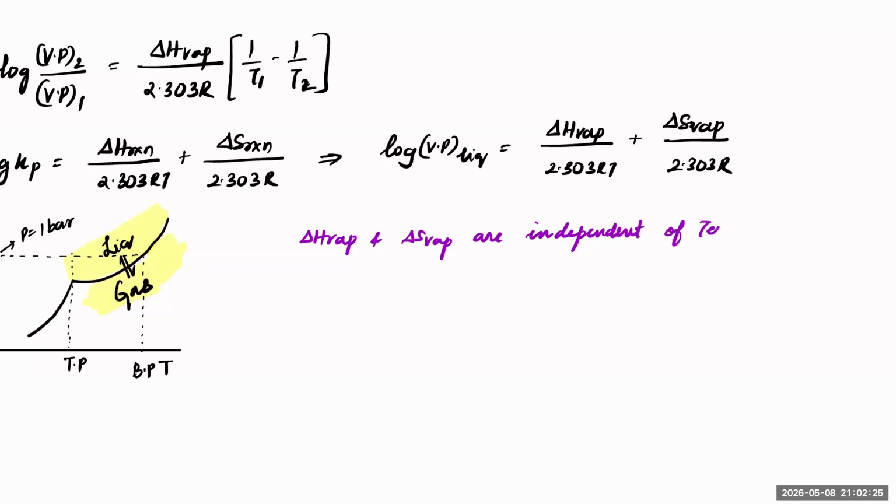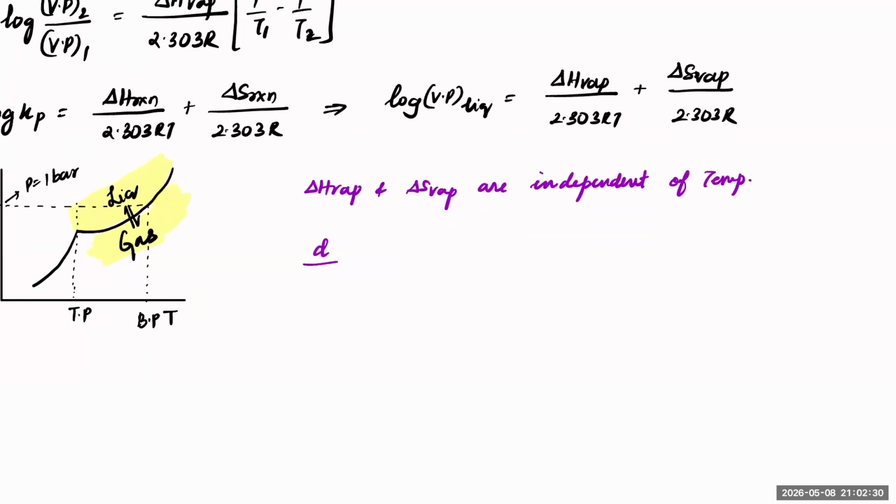Which means if I differentiate this, I'll write it like this: dou by dou T of ln P will be equal to, this term will become 0 because it can't be differentiated, so here it will become minus delta H of vaporization by RT square.